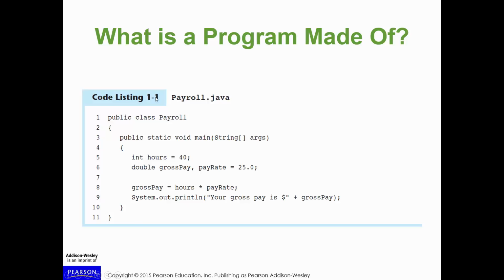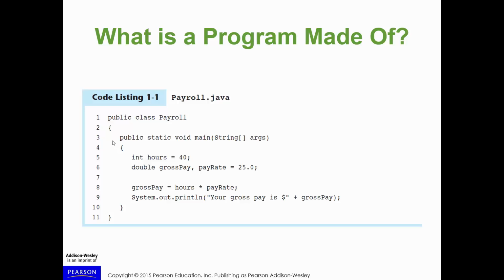This is a really, really simple program. Java is a block-structured language, so all of your components go between opening and closing curly braces. And somewhere in every Java application, you must have a method that's called main. Main is referred to as the program driver. In the first several chapters that we go through in this program, we'll put all of our code into main, as we've got right here.